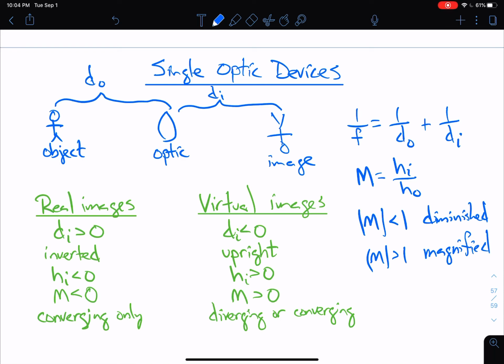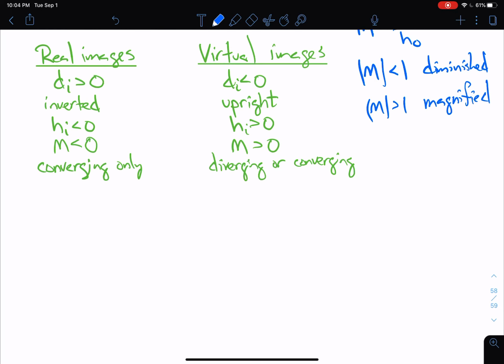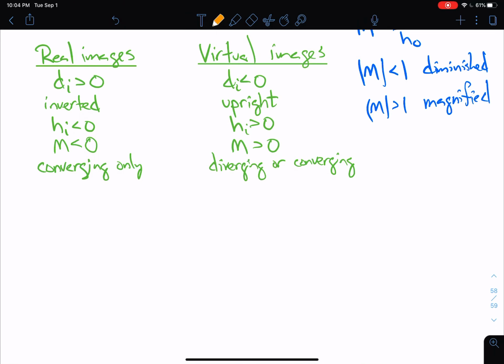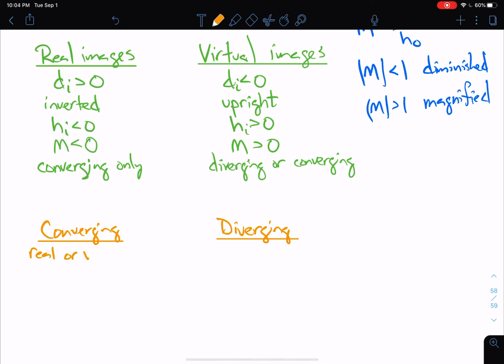Okay, so I want to get back to my list. I've got virtual images, I've got real images. Another listing that I find very beneficial to do is with regards to the optics. And that's going to be converging and diverging. So converging optics, these can create real or virtual images.